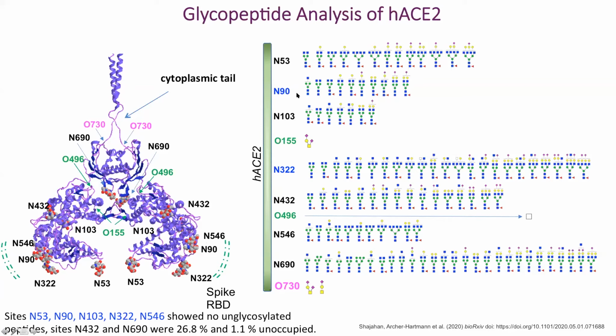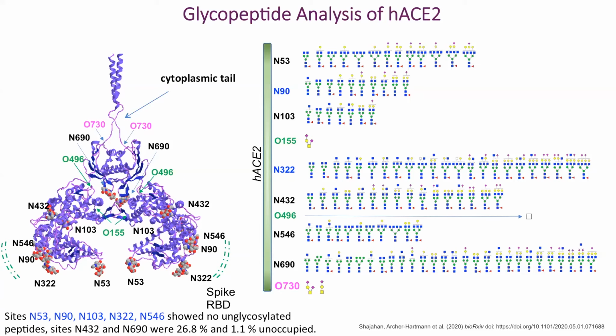So the glycosylation at N90 actually proved to be mostly small biantennary structures, whereas the N322 is heavily glycosylated with larger N-link structures. So it's interesting. One site that is important has smaller glycans, and the other site has very large glycans.